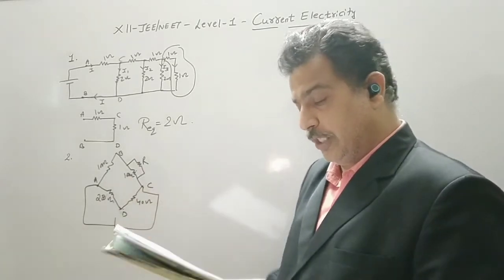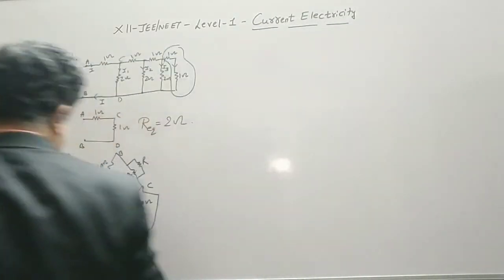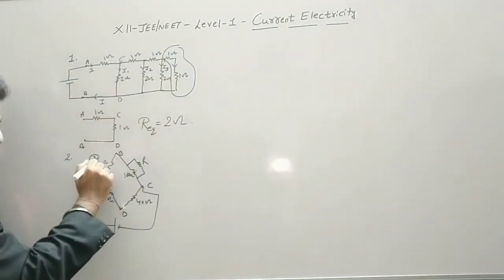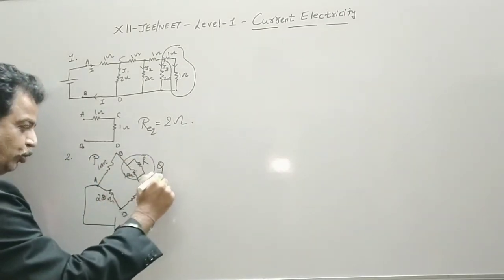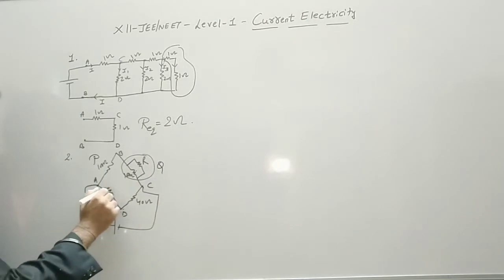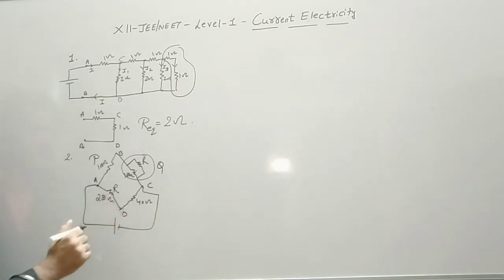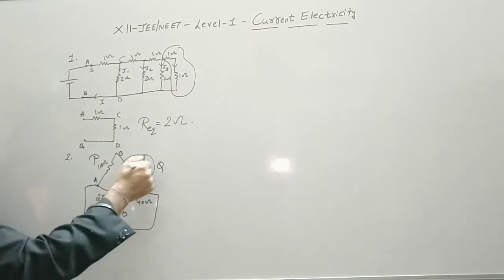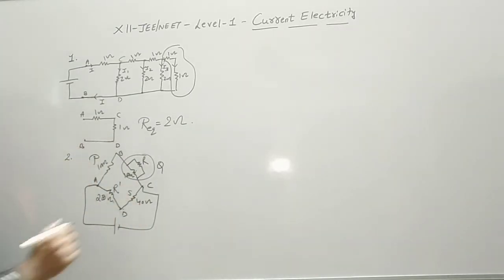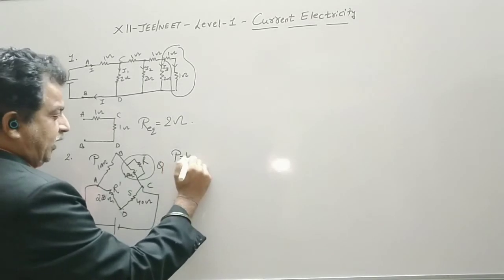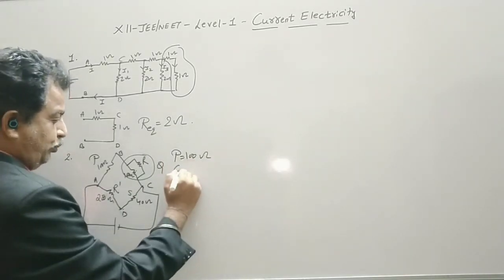So all the values are given. Let us name this resistance as P. This entire combination should be Q. Let this resistance be named as R dash, because R is the symbol here, and this be S. So from the figure, we can write P is equal to 100 ohms.